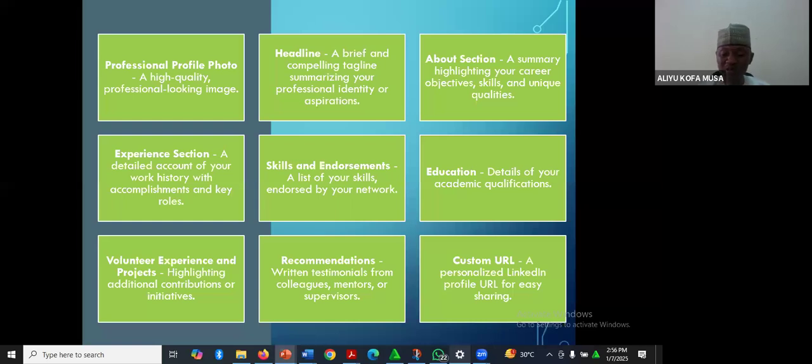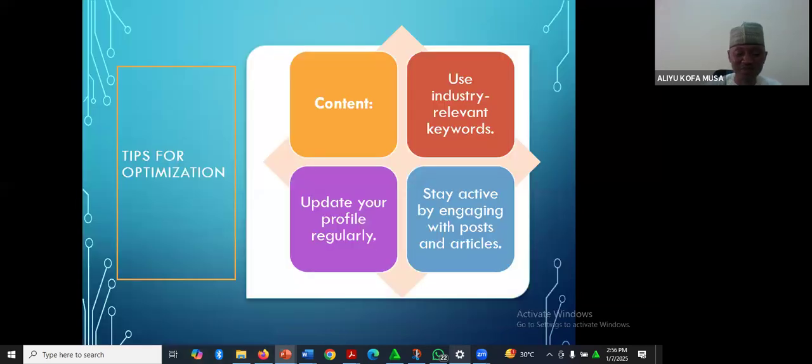That is why you're going to place your URL. If I now ask how many of us have LinkedIn, maybe many, but give me your URL, hardly do you find some people who know about it. They are just following. LinkedIn is not for following. It's a place to make yourself.